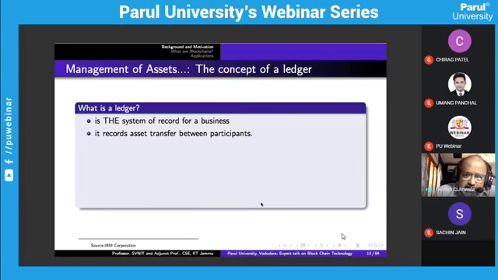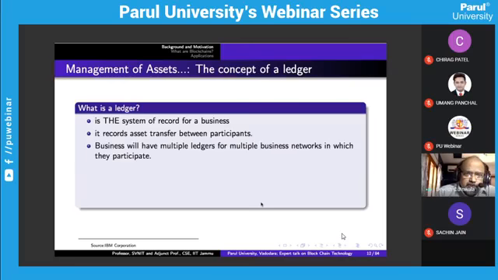It records the asset transfer between participants. If one party gives some X amount of money to the other, there is a transfer of asset. So this transfer of asset is recorded in the ledger. If you withdraw some amount from your bank account, it would first be entered into the ledger. So businesses will have multiple ledgers for whatever business networks they are engaged in.